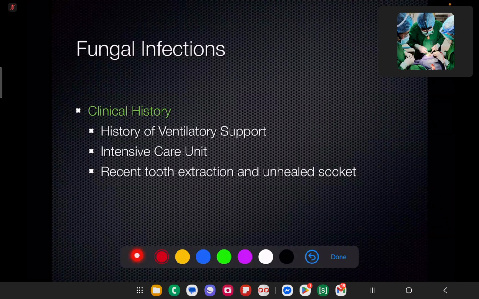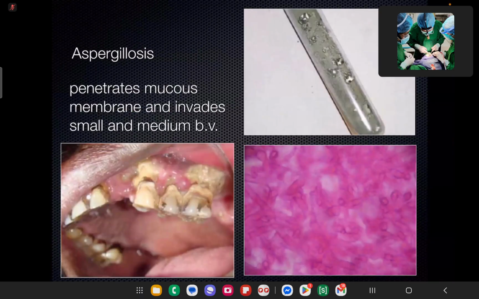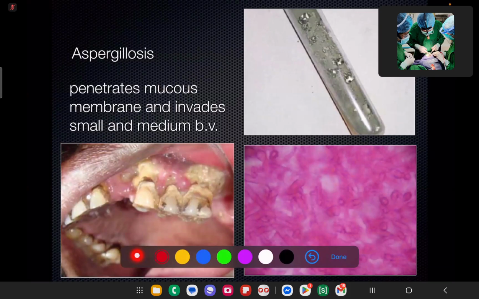Either the patient has a history of ventilatory support, was in the hospital for a long time, especially in the ICU, or there is a recent tooth extraction or surgical procedure that triggered this fungal infection.